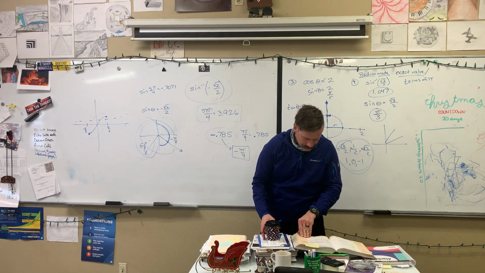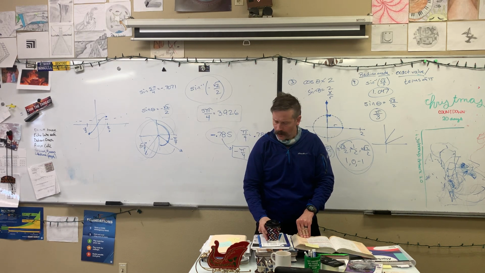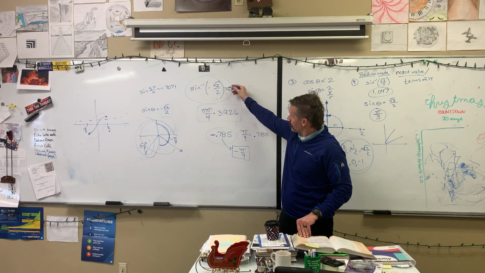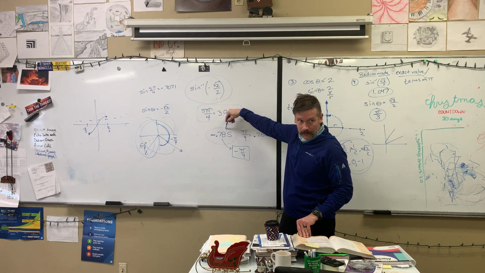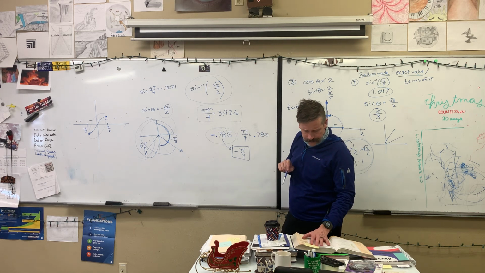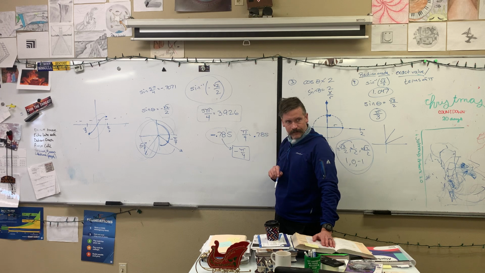Nicholas? Wait, so why when I plugged it in, I got two different answers? Like I plugged in negative root 2 over 2, inverse sine of that, and I get negative 0.6496. Or no, I didn't do the inverse sine.